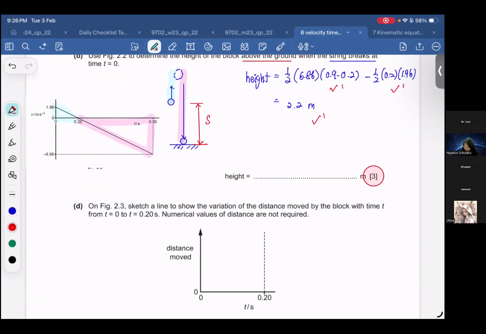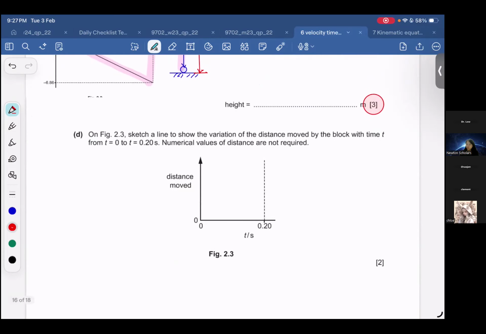Numerical values of the distance are not required. Okay, so this is a distance time graph, dear. Ask yourself, what is this motion? So at here, velocity decreases. Do you agree? Velocity decreases, 1.96 to become 0.